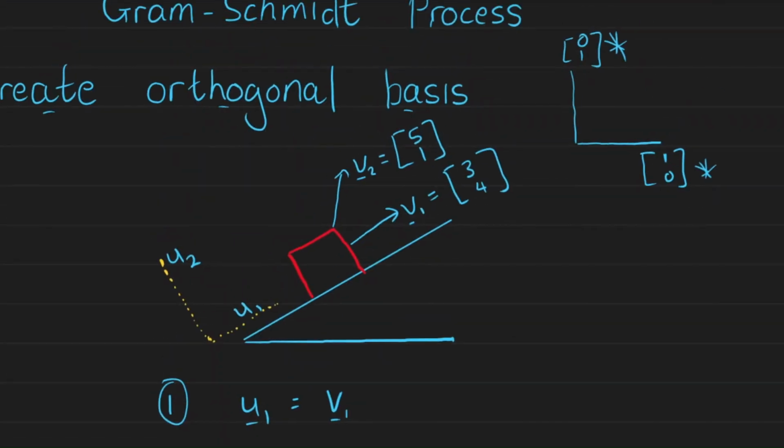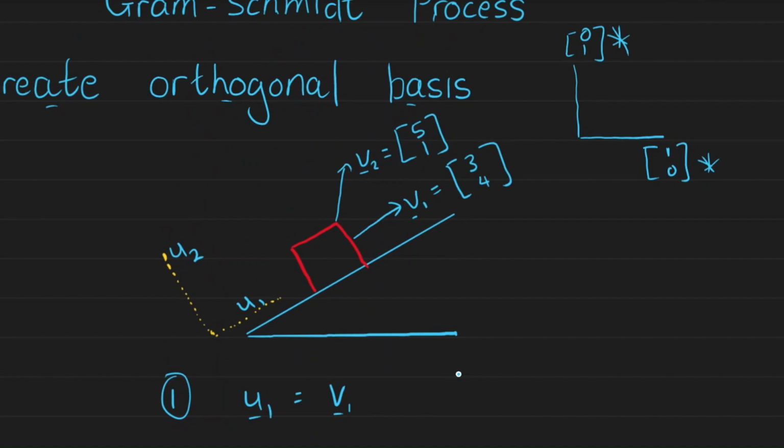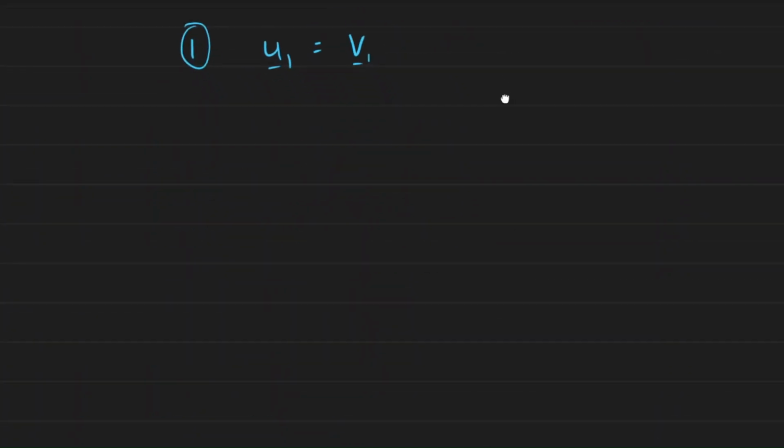So step one is essentially to set u1 equal to v1. This is the most obvious step, the first and most obvious step, because we can see that u1 is in the direction of v1. Therefore, we can easily create u1 as being our first vector in this entire process. So we're going to say that u1 is equal to (3, 4).